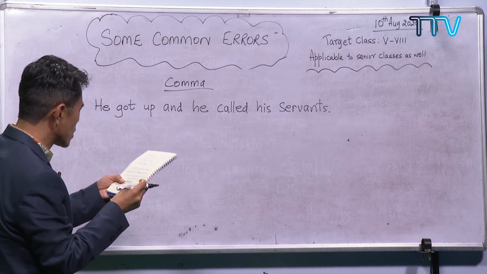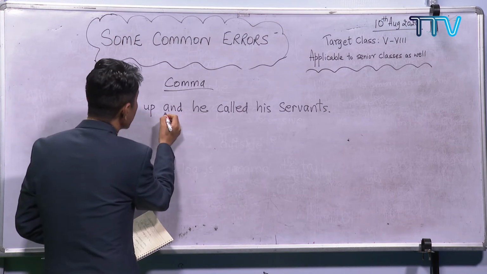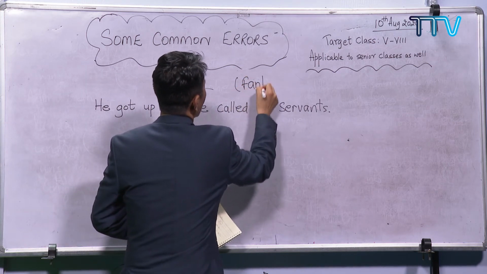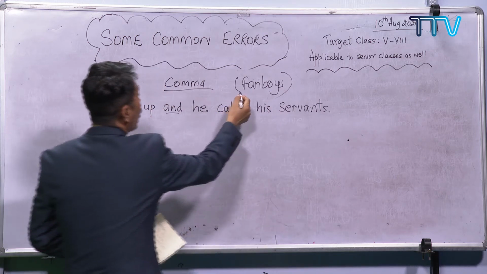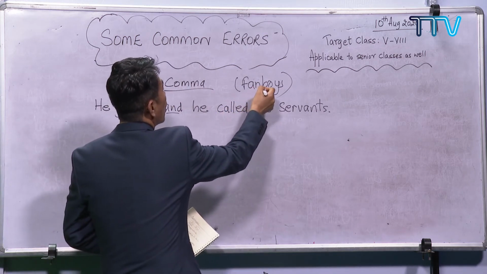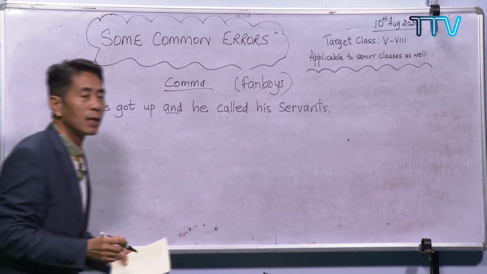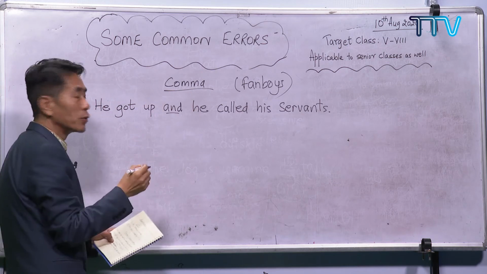Now, what I want to say is there is a conjunction. We have conjunctions like FANBOYS: for, and, nor, but, or, yet, so. These are the conjunctions. So whenever we have that conjunction, we have to use the comma.